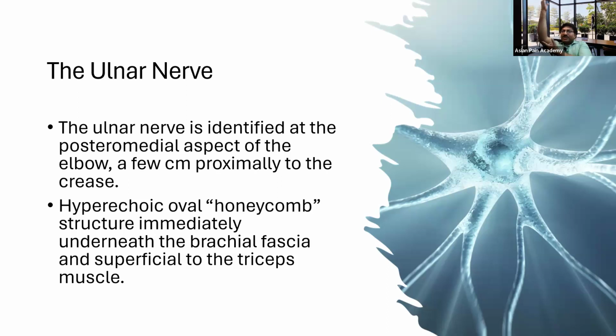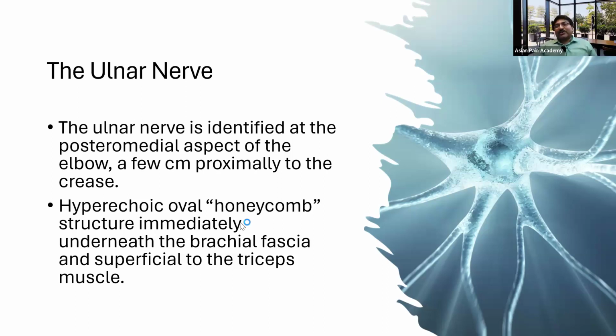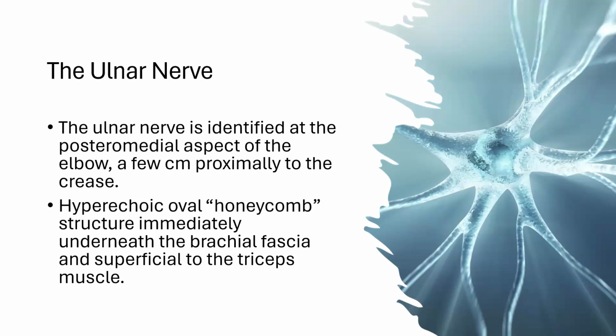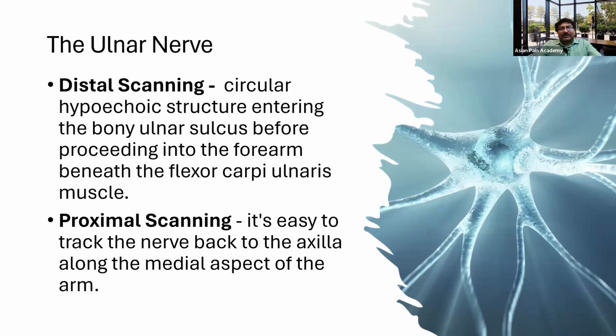At this point, the nerve is close to a muscle or a bone. Bone. Then it will look as hyperechoic or hypoechoic? Hypoechoic. Hypoechoic. So the ulnar nerve at the elbow is always hypoechoic. So it will look as a hypoechoic structure at the level of this medial epicondyle.